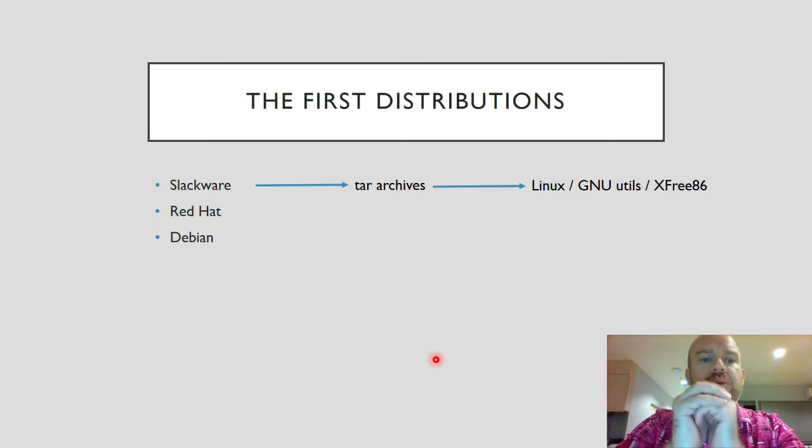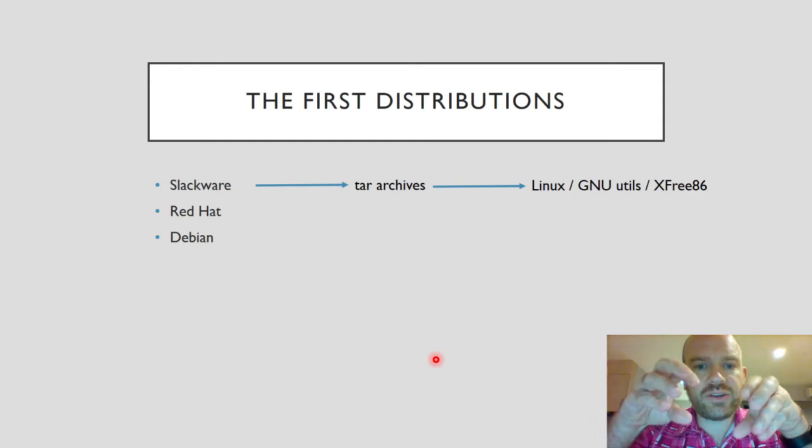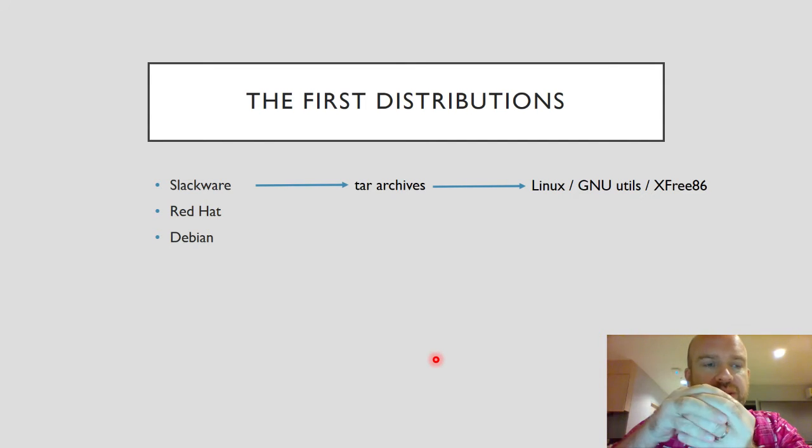So Slackware, what they did was they took a lot of different software and they packaged each software in a tar archive, which means that it was compressed, like zip or anything else. Because it's compressed, it takes up less space.